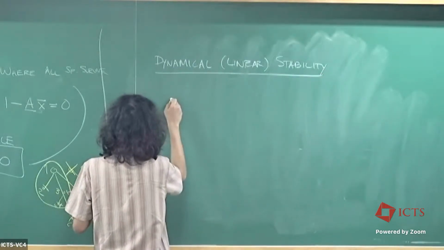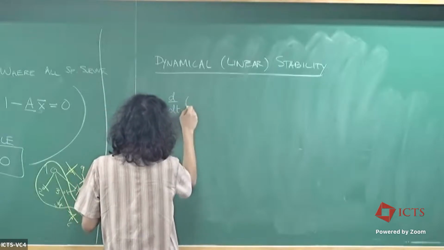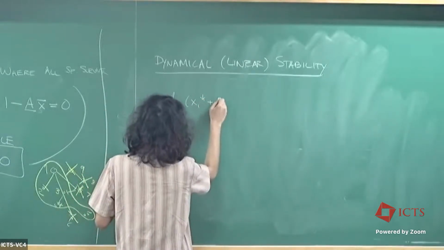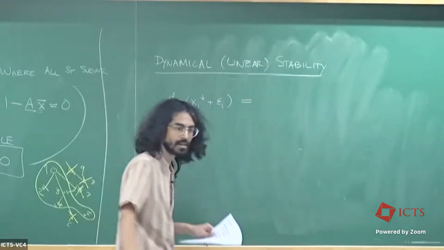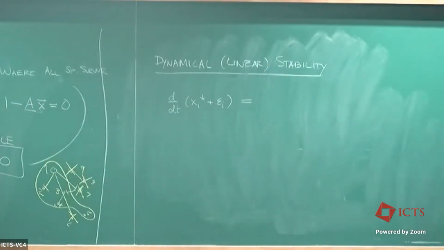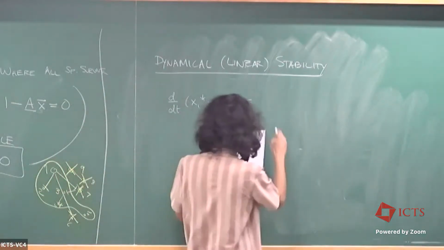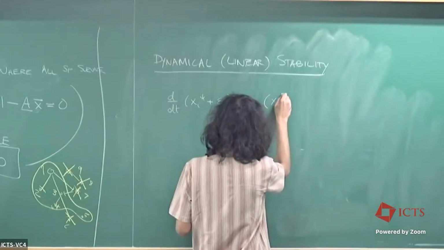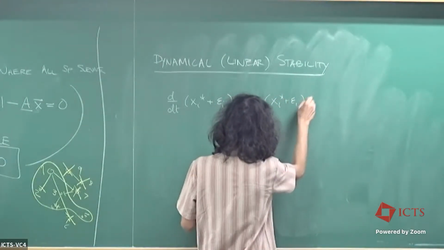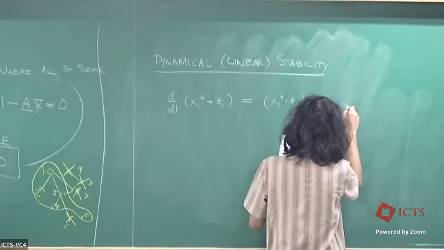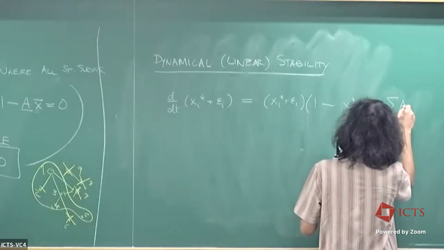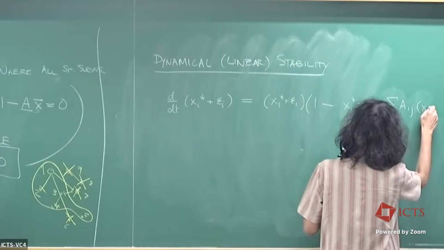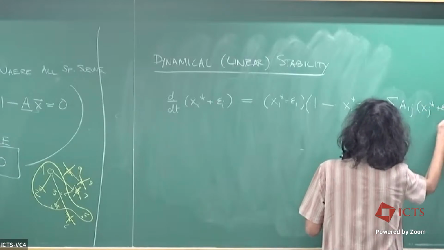You want to take d dt of some xi star plus some epsilon i vector. And what's that going to be? You're going to plug that in over here in all of your equations. So that's going to look something like xi star plus epsilon i times 1 minus xi star minus epsilon i minus the sum over j not equal to i of aij times xj star plus epsilon j.